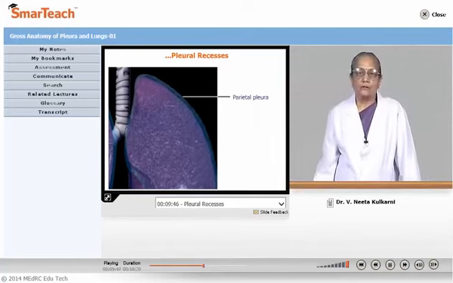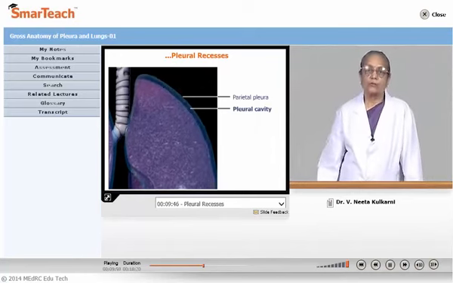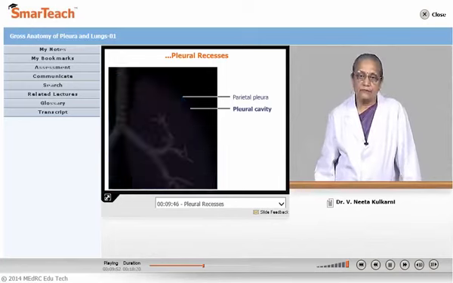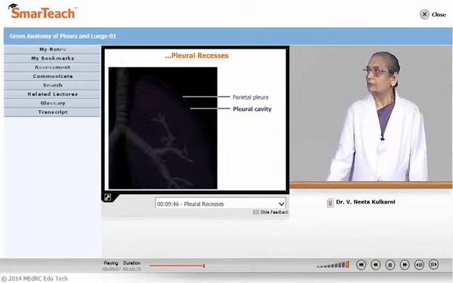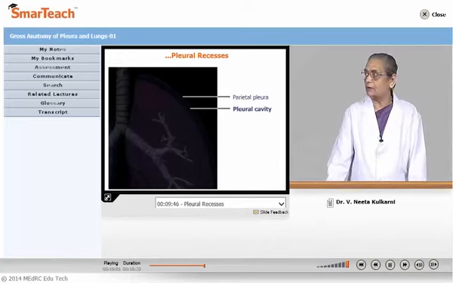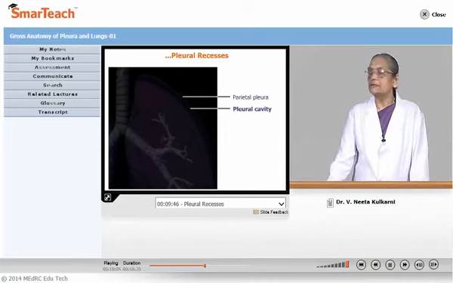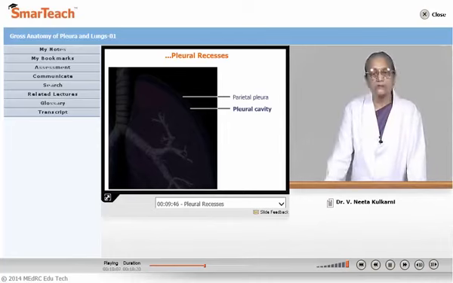Now, we have to know something about the pleural recesses. What are pleural recesses? This is a frequently asked short note question. The pleural recesses are the extensions of the pleural cavity along the lines of pleural reflections in some locations. In these places they are present because the pleural cavity is larger than the lung volume.